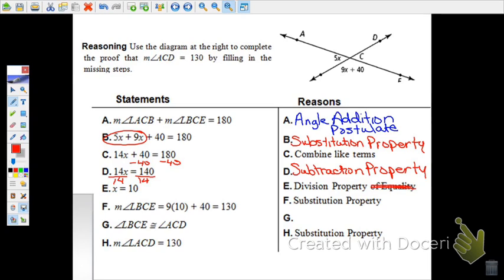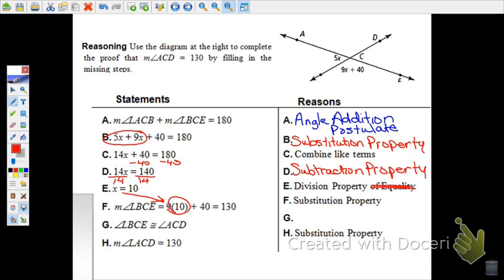Angle BCE is the 9x plus 40. So that's where we're substituting in. We have 9 times 10 plus 40, and then we worked it out to be 130. So we substituted the 10 into this value for that angle, angle BCE.